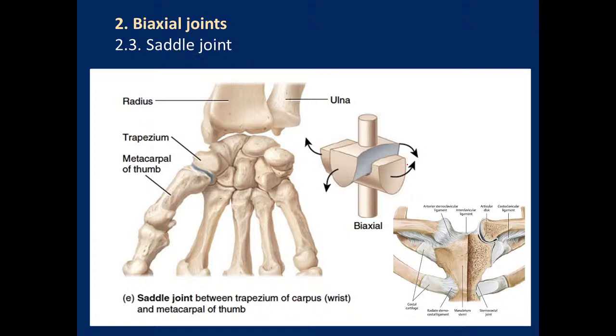The movements at saddle joints are the same as those at ellipsoid joints. All biaxial joints allow flexion, extension, abduction, plus limited circumduction.